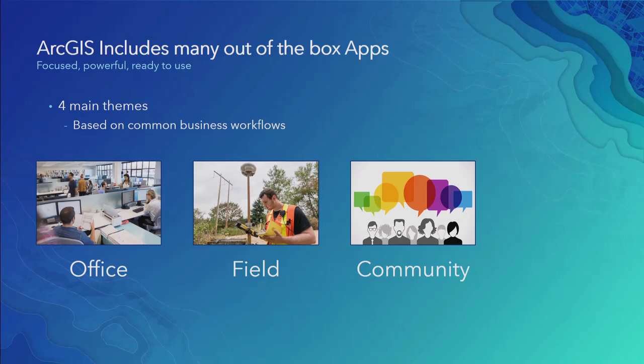We also have community-based apps that allow people, such as constituents in neighborhoods, to access an online GIS system and submit things like complaints about potholes or noise complaints. Crowd-based GIS is the other category of apps. We also have app builders that allow you, your department, and people in your organization to go out and build your own custom apps that leverage your ArcGIS platform.